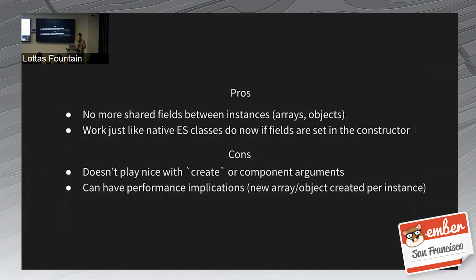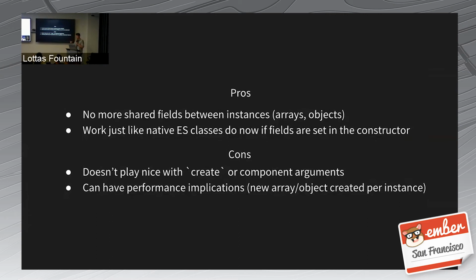One of the biggest gotchas when working with the class model in Ember today is that you will often accidentally share a value between every single instance of a class, like an array or an object. And then you have to wrap that in a computed or something, right? It also just works like ES classes do today. It's basically like if you took a statement that was in the constructor, put it into the class body.